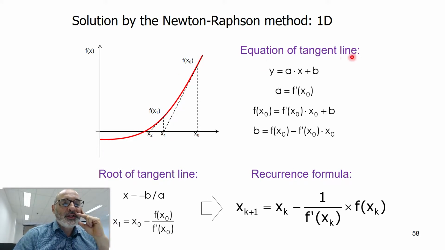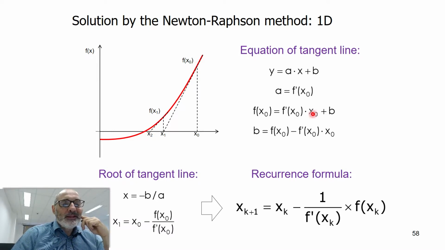So in order to calculate the tangent line, its generic form is y equals a times x plus b, okay? Since it is the tangent line, it has the same inclination, so the derivative is the same, a equals f prime, okay? Then another piece of information about this straight line is that it passes through this point here.